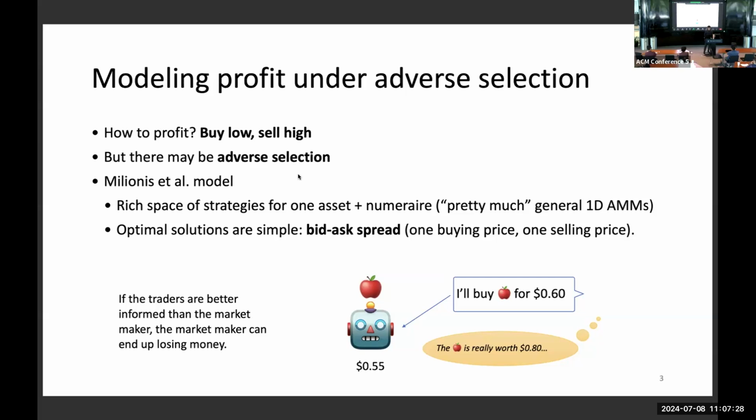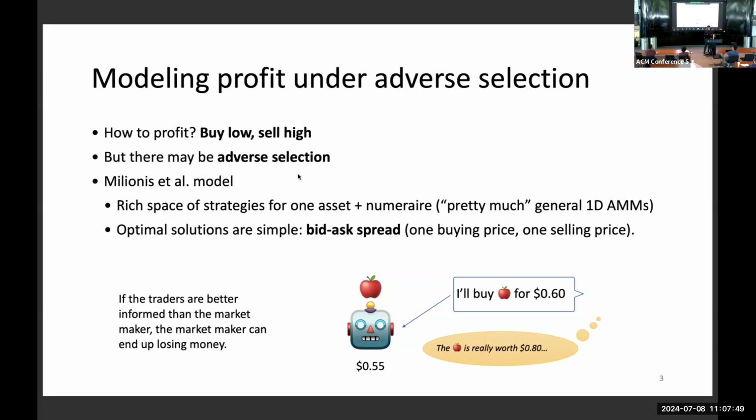Milionis et al. wrote a paper in 2022. They studied a rich space of market-making strategies between one asset and the numeraire. And within this one-dimensional market-making strategy design space, they also consider a specific model of adverse selection.